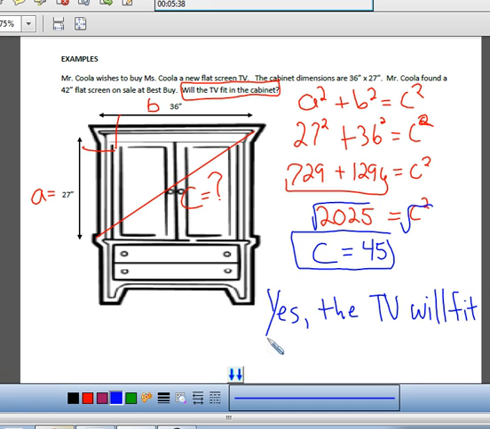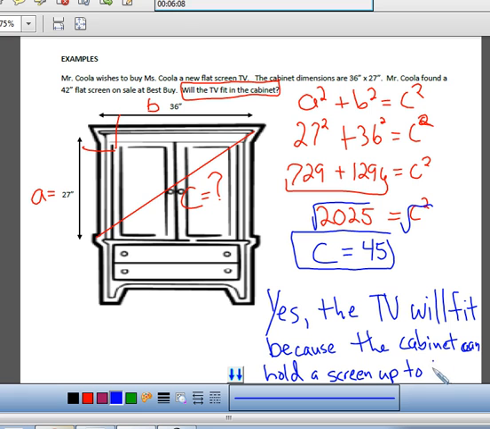Because the cabinet can hold a screen up to 45 inches. Ta-da! Alright, so that's the first problem.